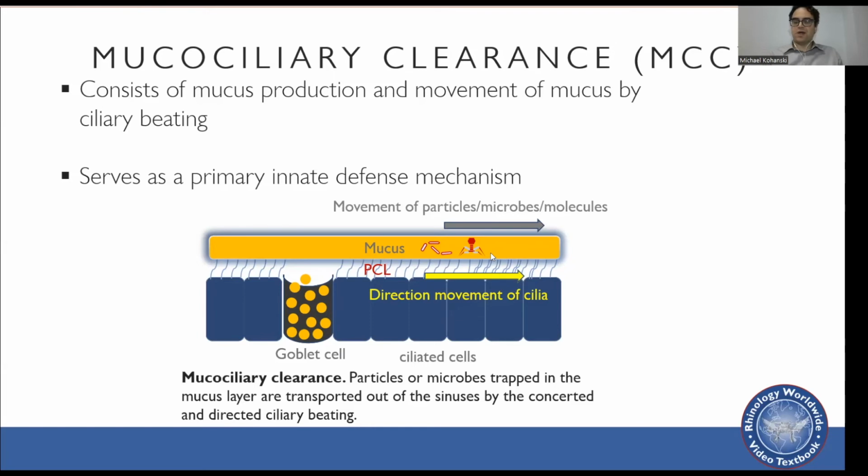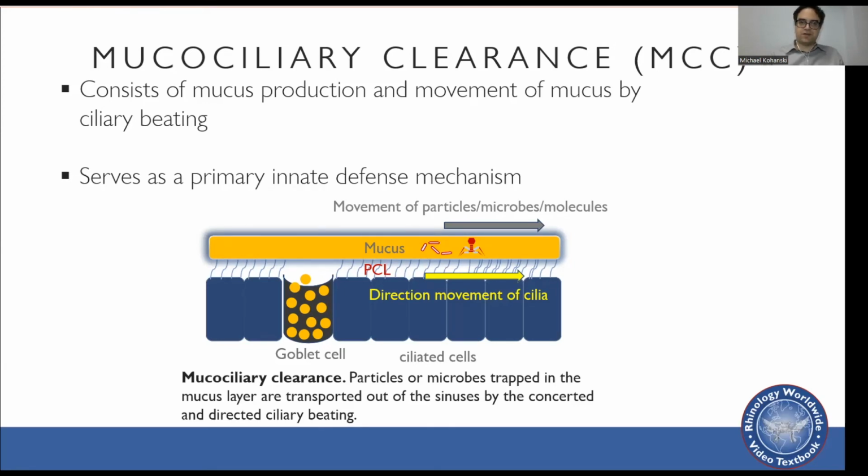The mucus will serve as a filtration system to help capture particles, microbes, fungi, viruses, and then help move these different trapped particles and molecules out of the sinuses and to be cleared.